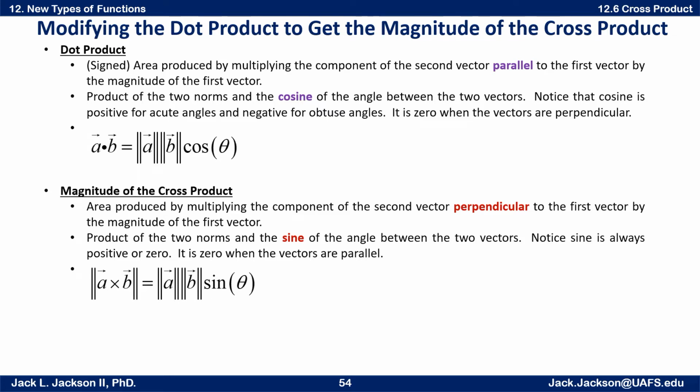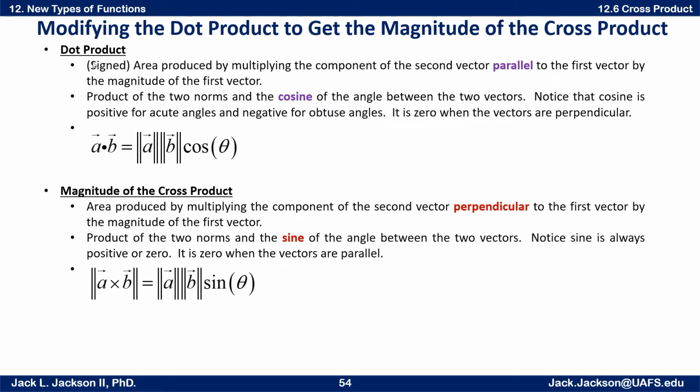It turns out it's the product of the two norms and the cosine of the angle between the two vectors. And notice that the cosine is positive for acute angles, negative for obtuse angles, and 0 when the vectors are perpendicular. So A dot B is equal to the magnitude of A times the magnitude of B times the cosine of the angle.